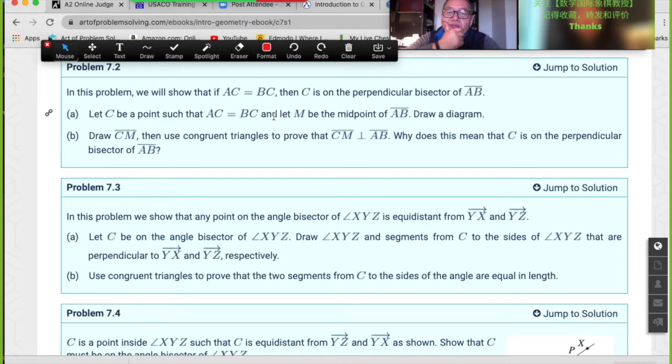Let C be a point such that AC equals BC, and let M be the midpoint of line segment AB. Draw a diagram. Draw a line segment CM and then use congruent triangles to prove that line segment CM is perpendicular to line segment AB. Why does this mean that C is on the perpendicular bisector of line segment AB?